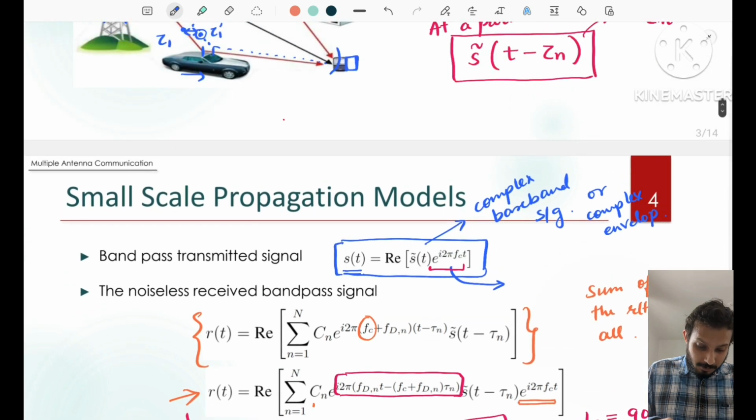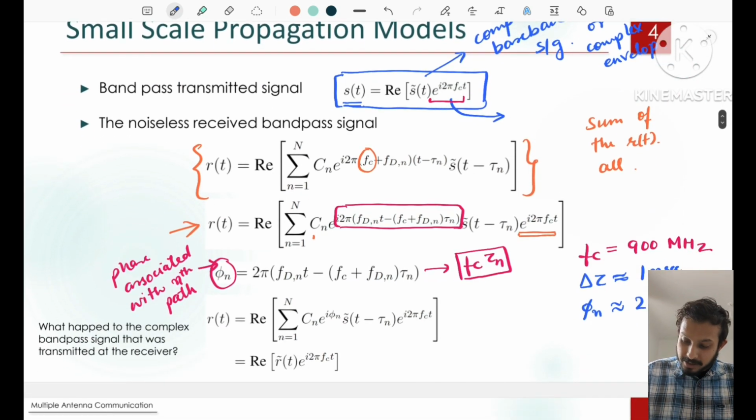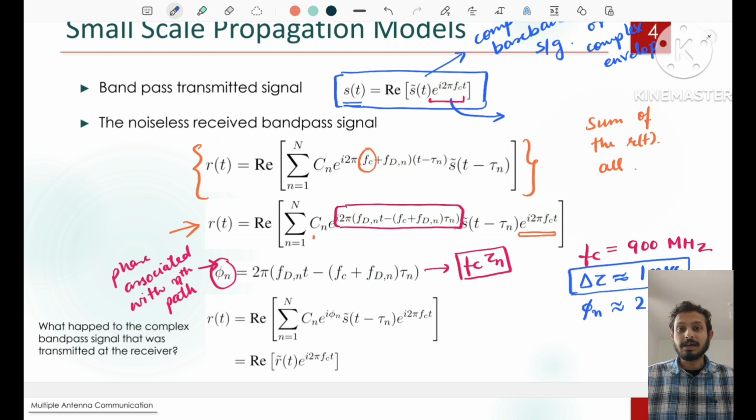So what we can conclude from here is that even a small change in the path length of the signal can significantly impact the received signal strength, because it has undergone full phase rotation, and because of this full phase rotation there are signal strength fluctuations.